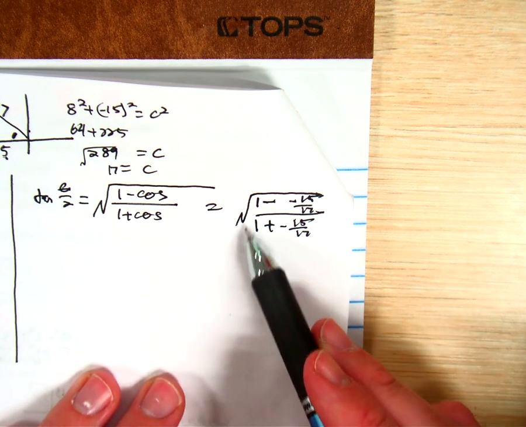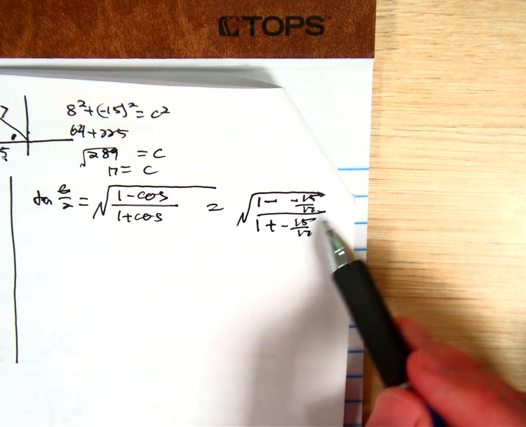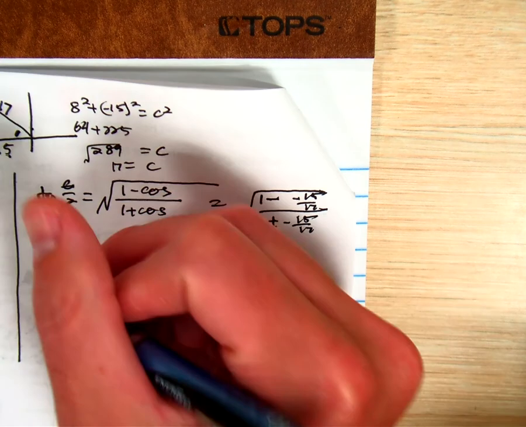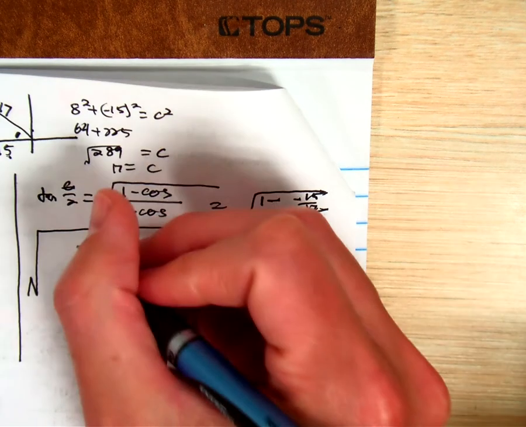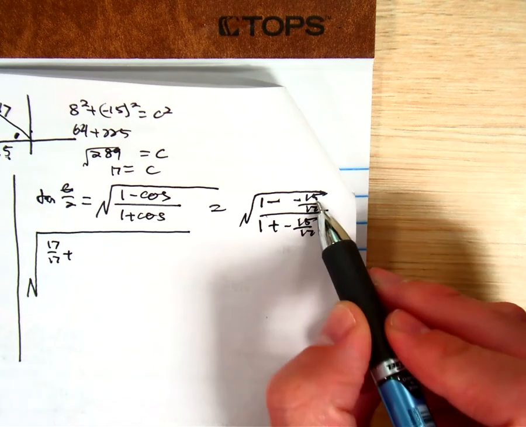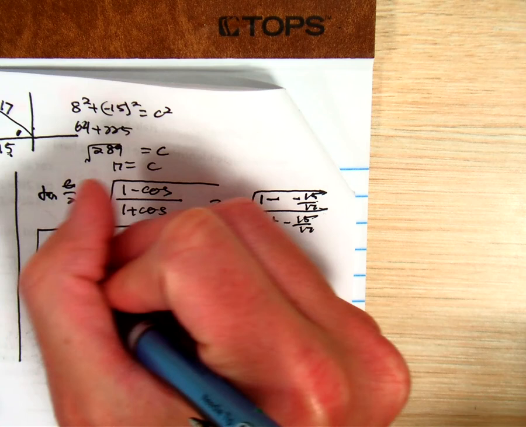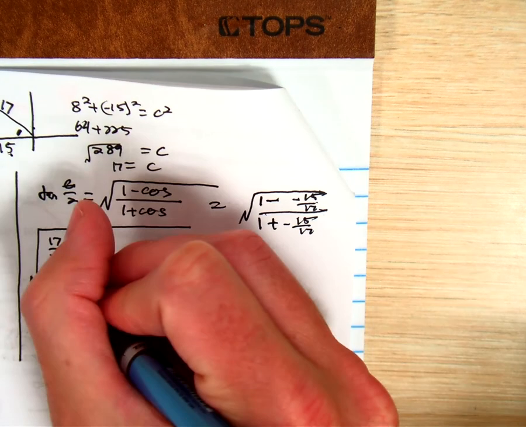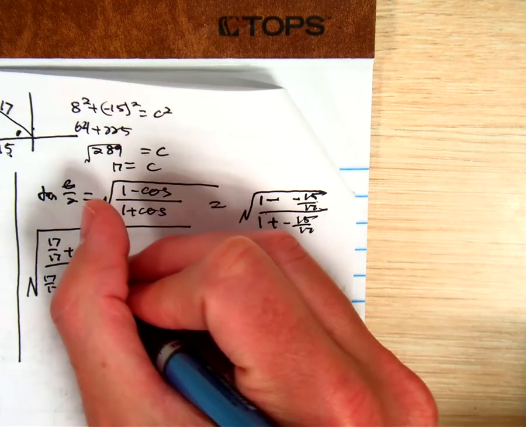So we're going to change our 1s to 17s over 17s. I'm going to lose the square root for a second. Otherwise, well, I should probably do better than that. We'll do a big square root here. So we're going to have 17 over 17 minus a negative is going to be a plus 15 over 17. 17 over 17 plus a negative is a minus.